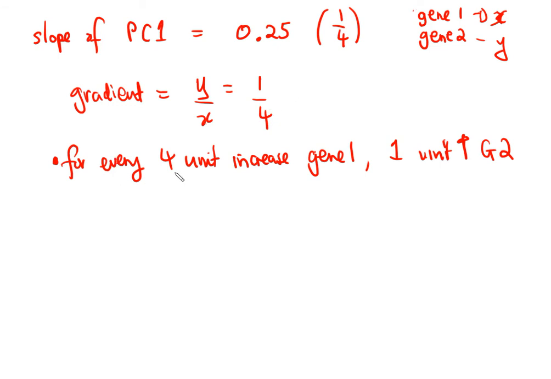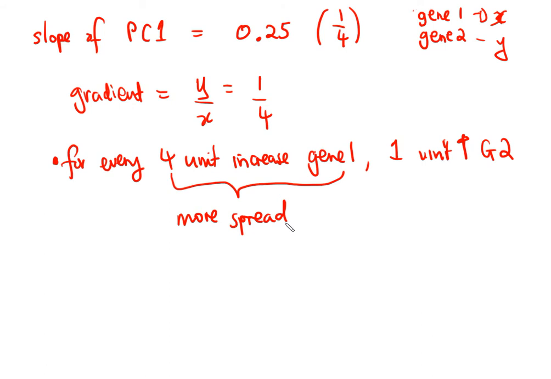What that basically means is the data is more spread out along the gene 1 axis, because that is where the highest increase is, compared to just a 1 unit increase in gene 2.